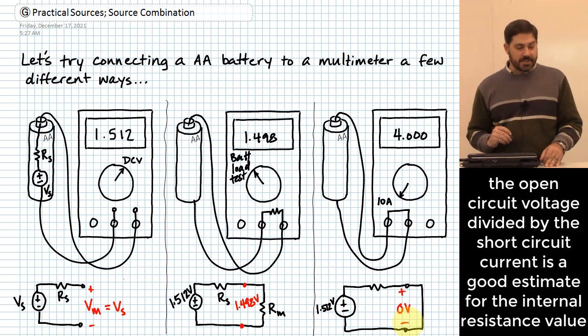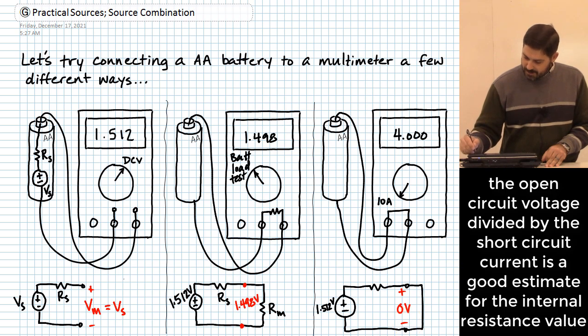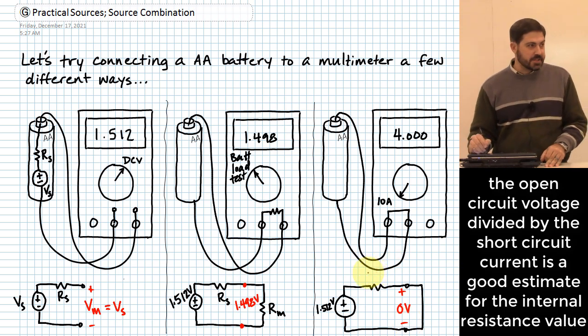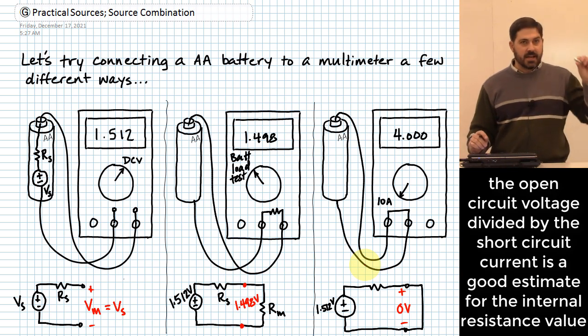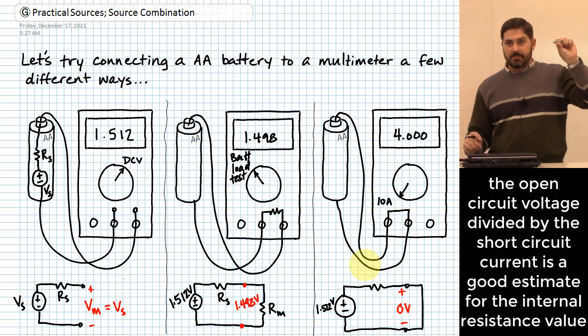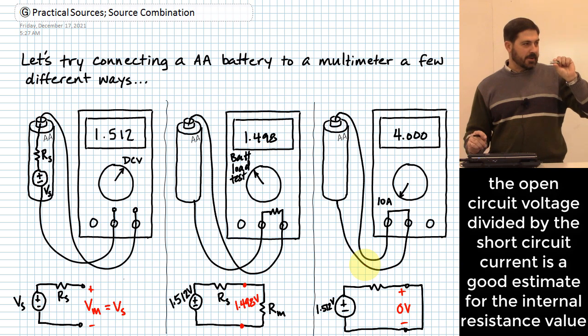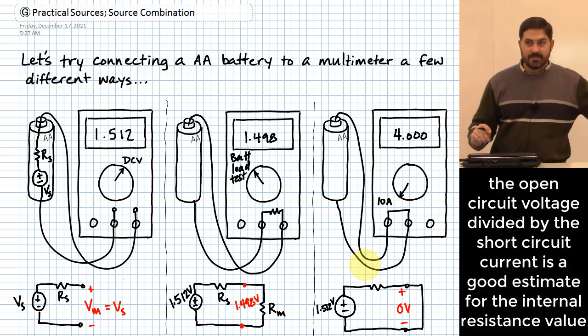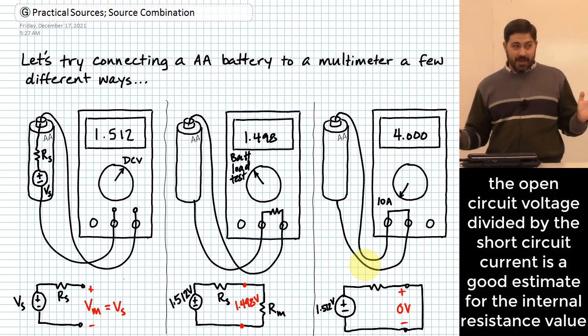If there's 0 volts there, where is the voltage dropping? Across that internal resistance of the battery. As a matter of fact, you weren't able to feel it, but as I did that test, the battery was heating up. What do you think that was about? You're driving current through a resistance, that battery starts heating up.